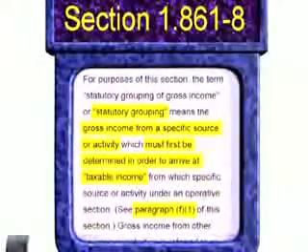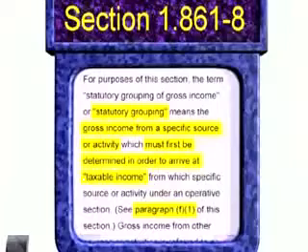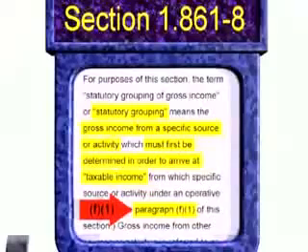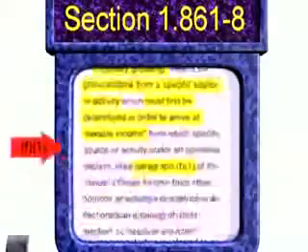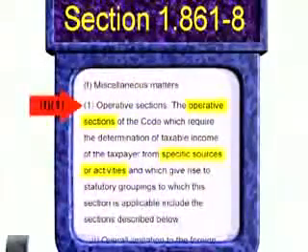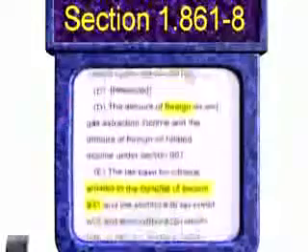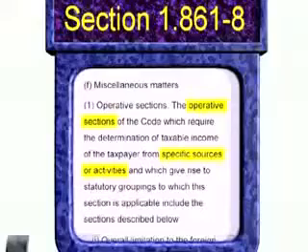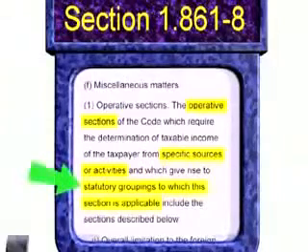The regulations again point us to the list of specific sources in paragraph F1, which, as we have already seen, consists entirely of activities related to international and foreign commerce. These are the specific sources, income from which makes up the statutory groupings of gross income to which Section 1.861-8 is applicable.